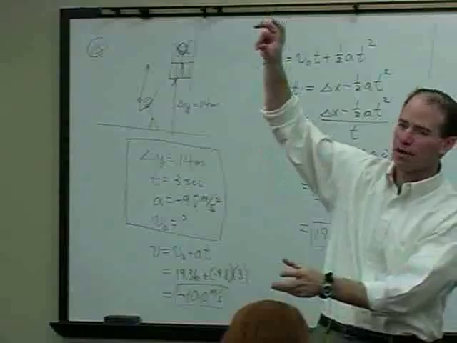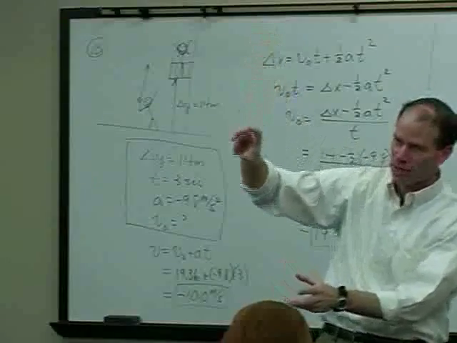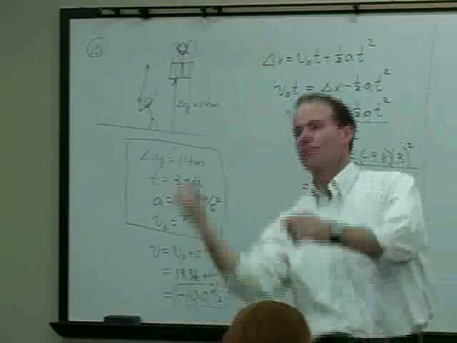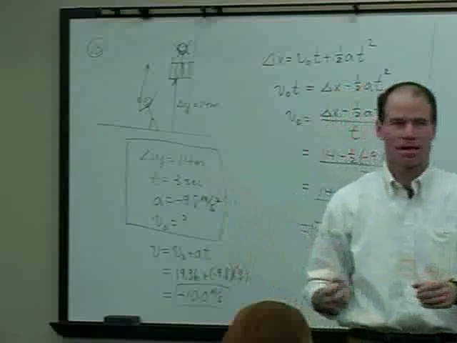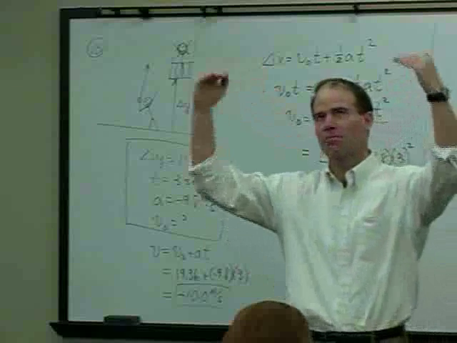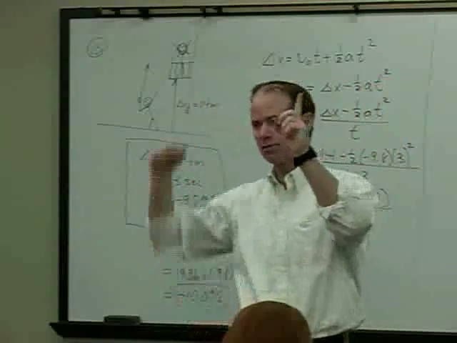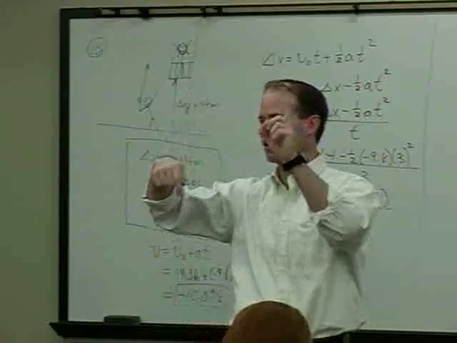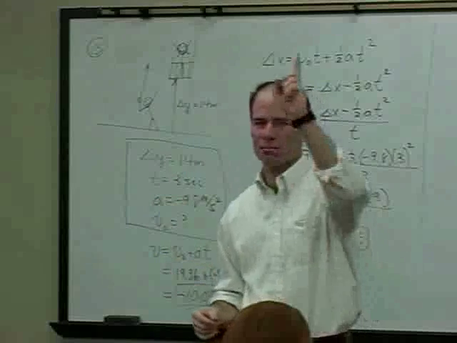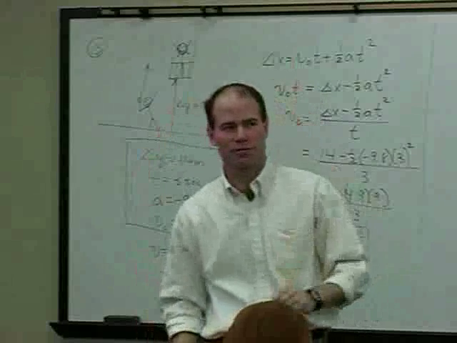And then from that point, it would start to accelerate, pick up speed, and come down, and then I would catch the ball. At any particular height in that motion, the magnitude of the velocity going up is equal to the magnitude of the velocity coming down. In other words, the motion up is exactly mirrored by the motion coming down.